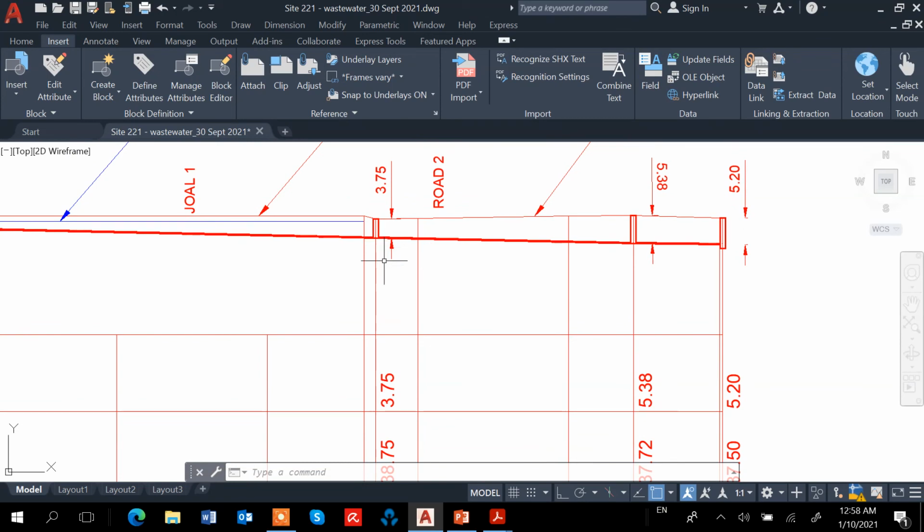So actually, I just draw a line. For example, I just do a P line. I want to do a 3.75 high manhole.